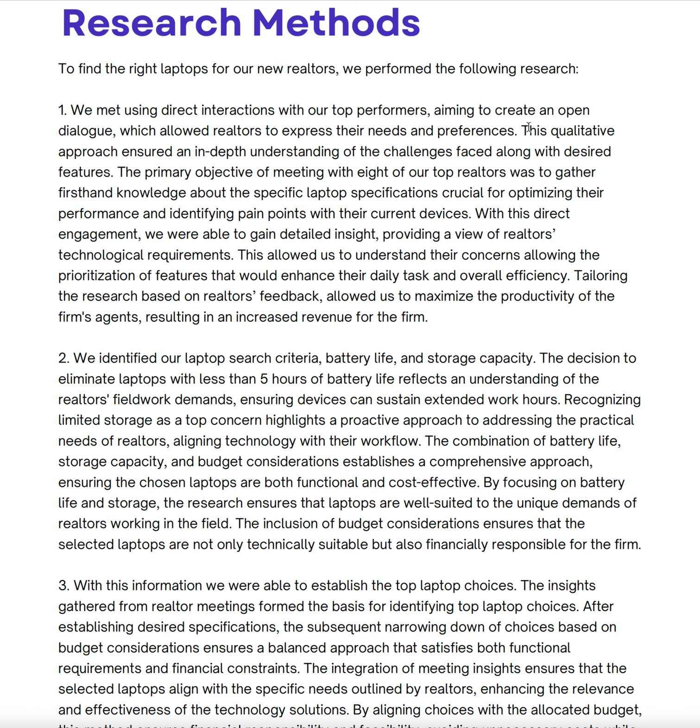So for example, the first one, we met using direct interactions with our top performers, aiming to create an open dialogue, which allowed realtors to express their needs and preferences. So basically in this one, she's describing the interviews, okay?